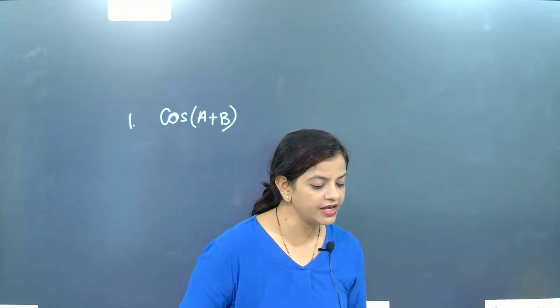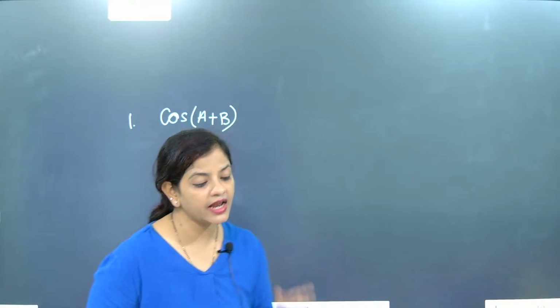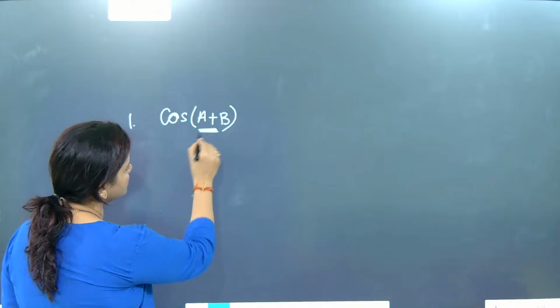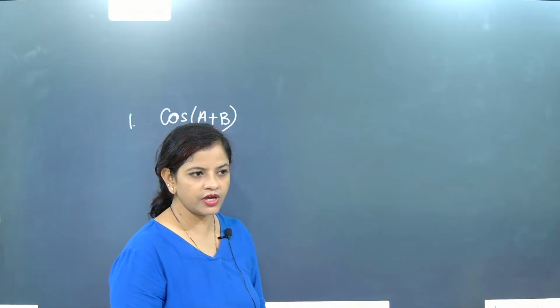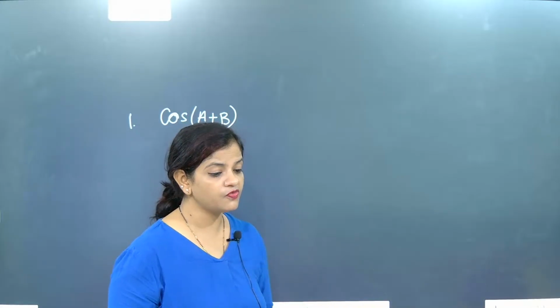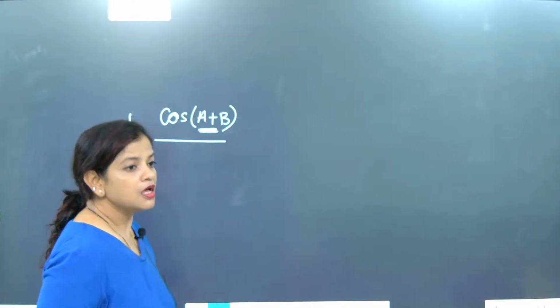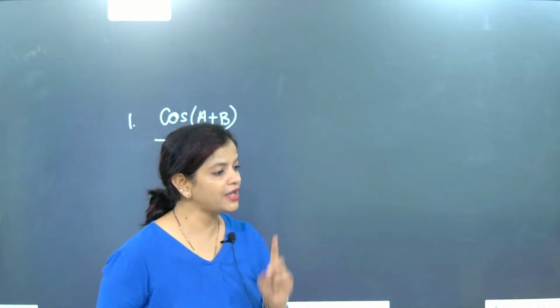If we are taking some angle, the sum and difference should come acute, meaning less than 90 degrees. That is also important. When you are solving this, it should not lead you towards more than a 90 value. Always remember this. What is the most important restriction in these types of formulas? The most important restriction is A and B should be acute.